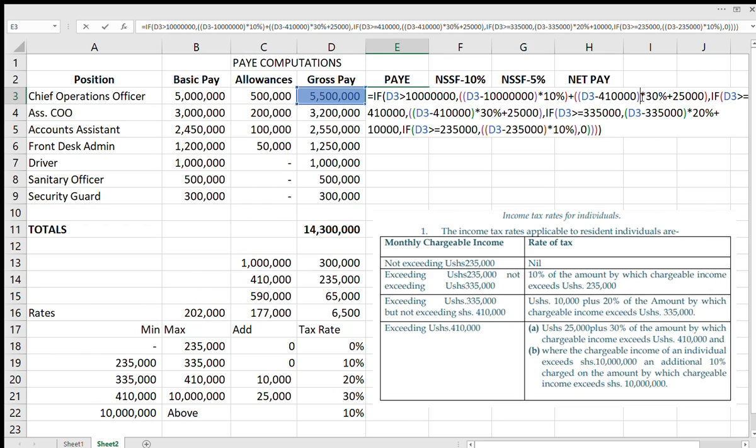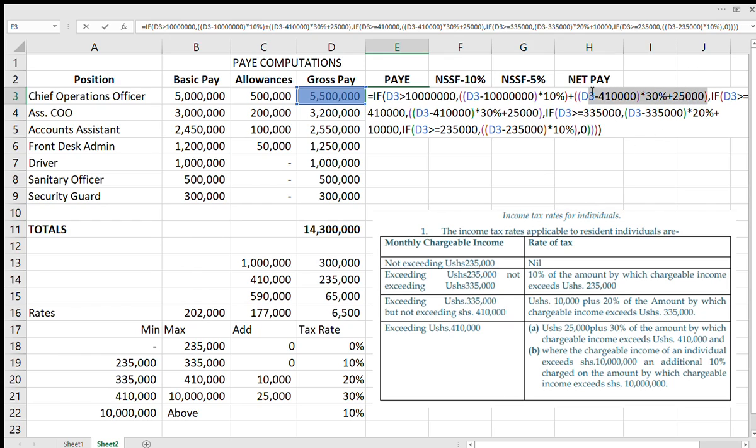So this person will have to pay a 30% rate. So we multiply that, we use these brackets very well, because this one means that the 30% is multiplying the difference between D3 and the 410,000 shillings. So that is the 30%. But remember, we have to add 25,000 shillings. So that's what we are adding on here.